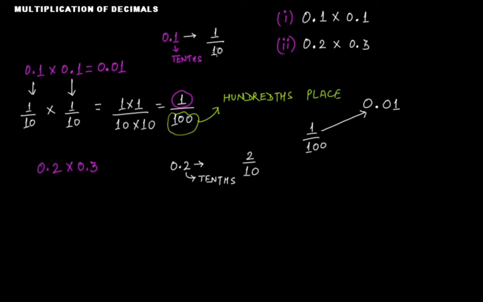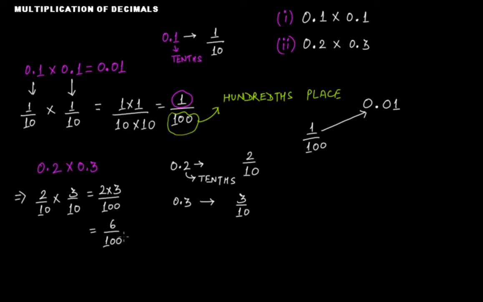Similarly, 0.3 can be written as 3 over 10, because at the tenths place you have 3. So 0.2 multiplied by 0.3 in fraction form is 2 over 10 multiplied by 3 over 10. If you solve it, this will be 2 times 3 divided by 100. It means that you have 6 over 100.